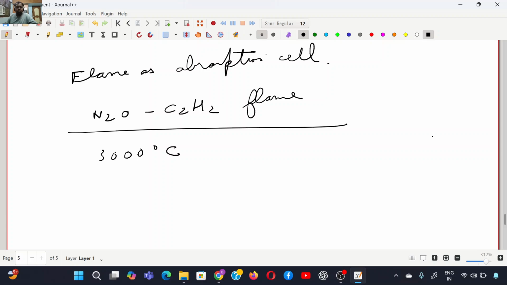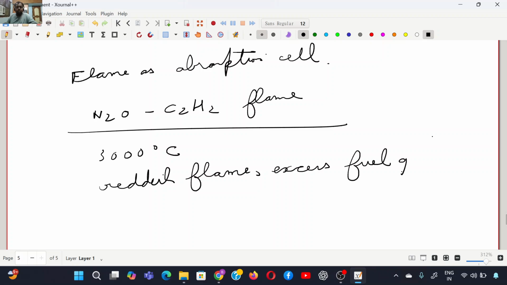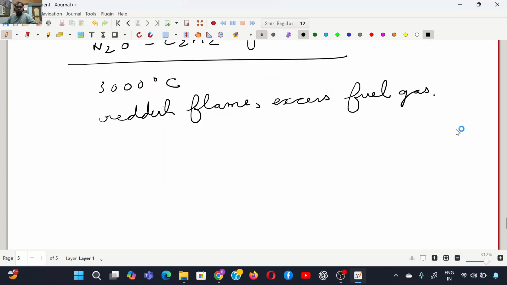It has slightly excess fuel gas, so it has a reddish flame. Basically it's a reducing zone.